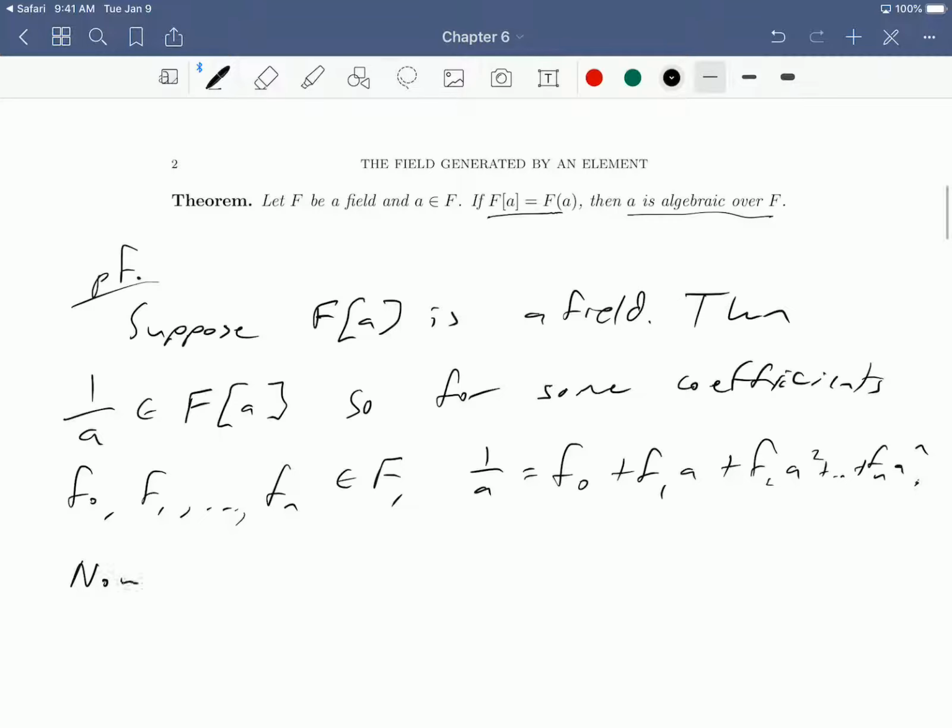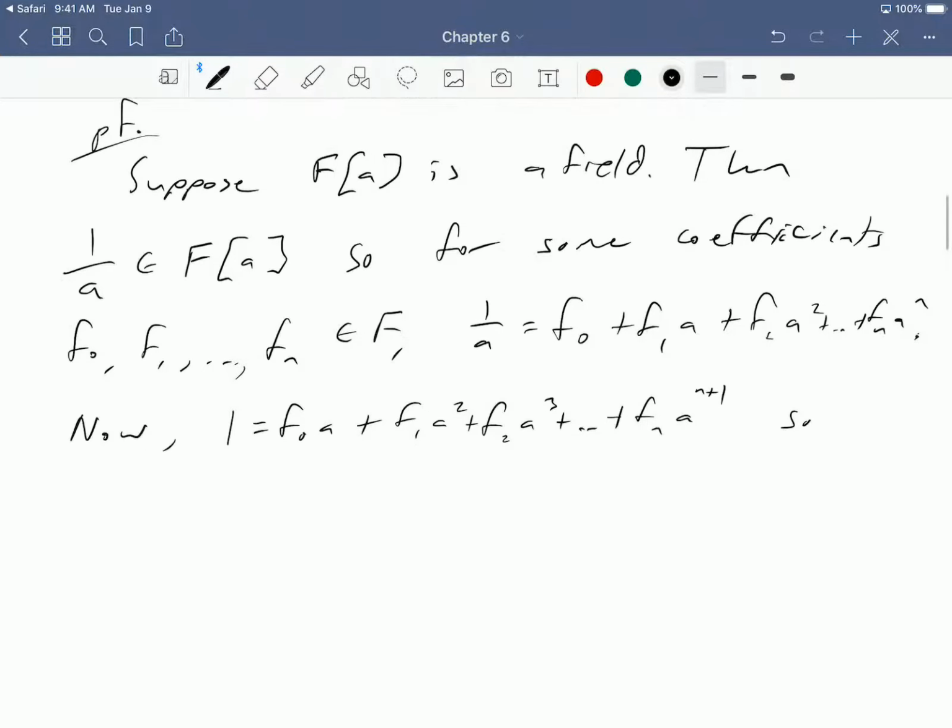Okay, so now I'm going to multiply both sides by A. So then that means that 1 is F0A plus F1A squared, F2A cubed, up to Fn, A to the n plus 1. And now I'm going to subtract 1 from both sides. So I get negative 1 plus F0A plus F1A squared, dot, dot, dot, up to Fn, A to the n plus 1 is equal to 0.